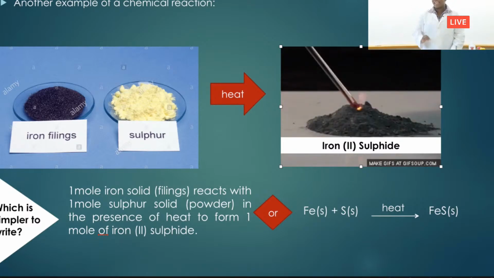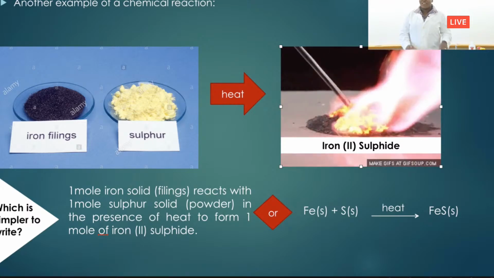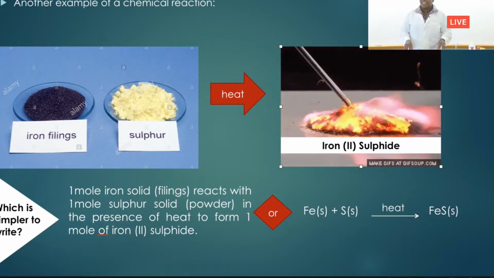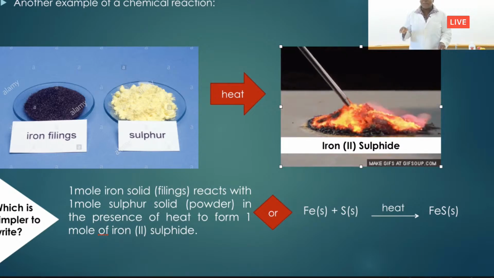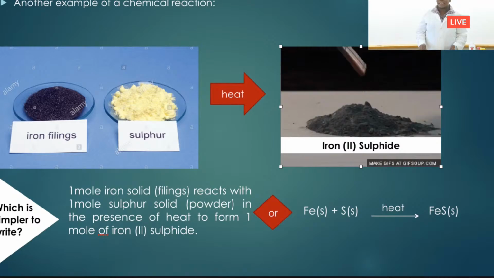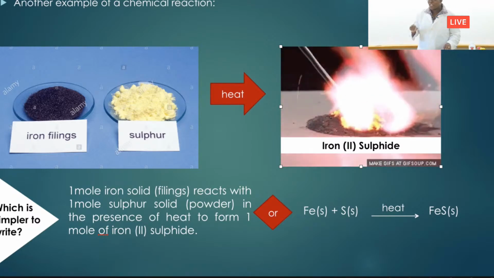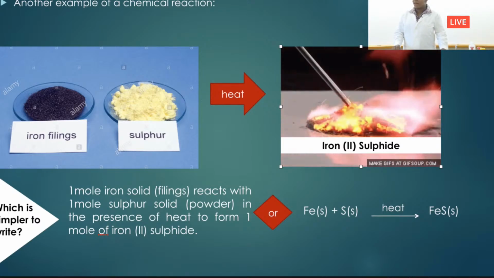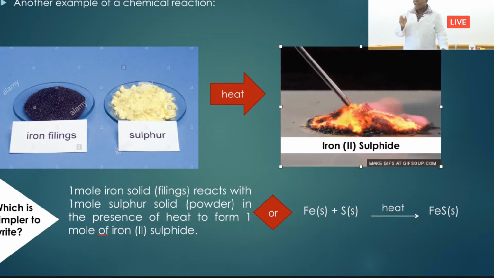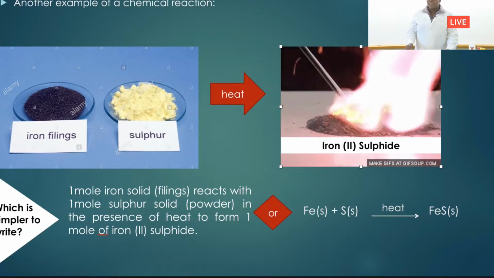Or wouldn't you just love to write that little equation there, nice and short and simple: Fe solid plus S solid, arrow, heat, and FeS solid. Which one is easier to write? I hope you would say the shorter one. Now take this into consideration. The iron and the sulfur are reacting together, look at the equation, to give you iron 2 sulfide.